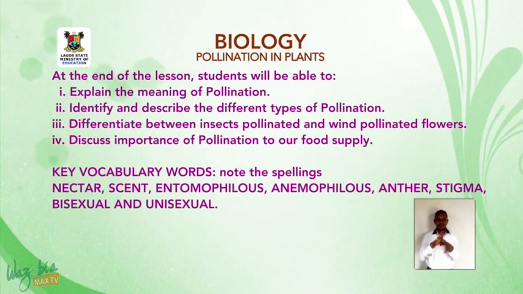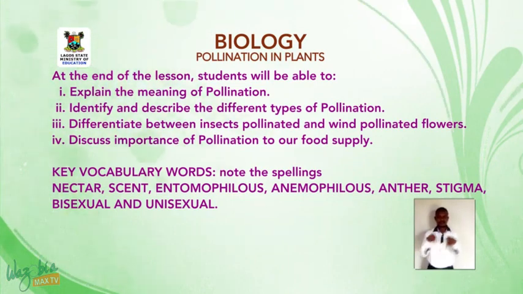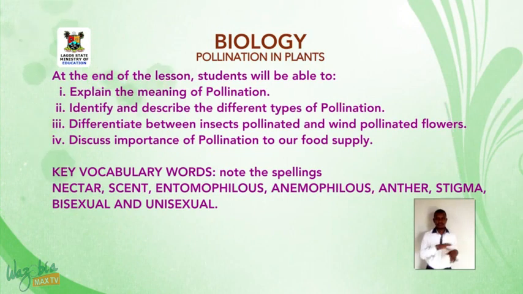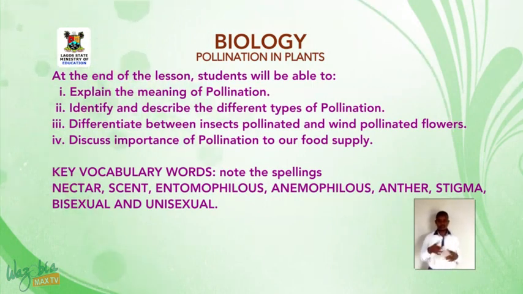Identify and describe the different types of pollination. 3. Differentiate between insect-pollinated and wind-pollinated flowers. And 4. Describe the importance of pollination to our food supply. Now let us enjoy the lesson together.